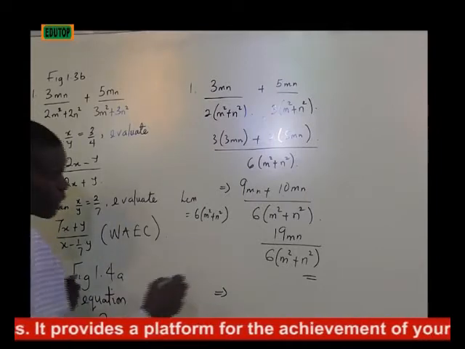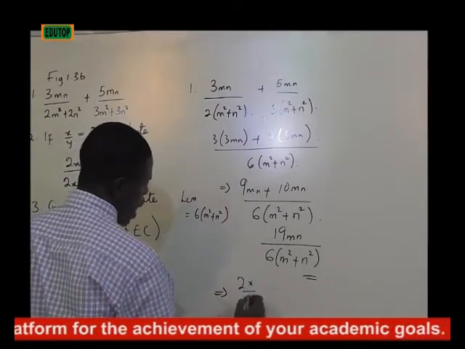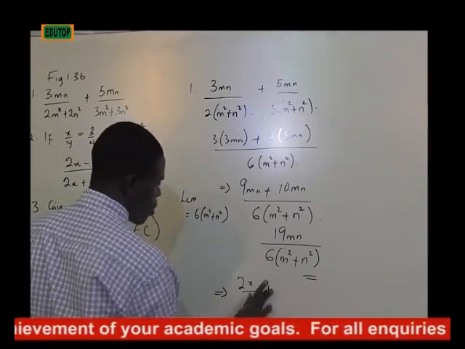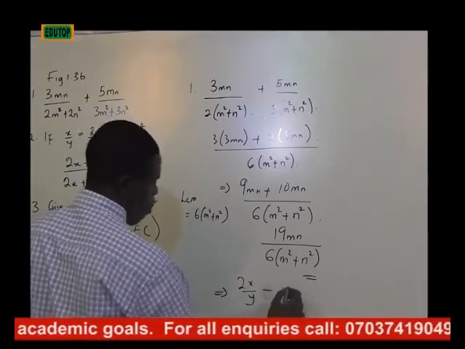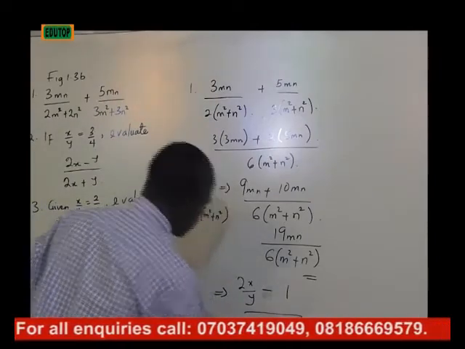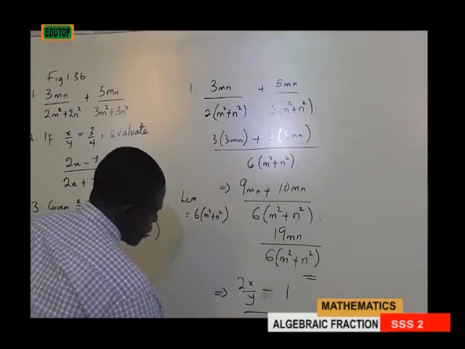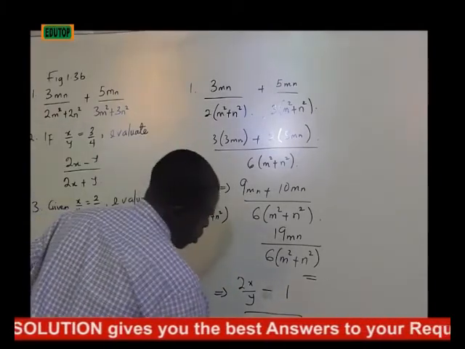If we divide this expression by y, we are going to have 2x over y minus 1, that's y over y, over 2x over y plus 1.